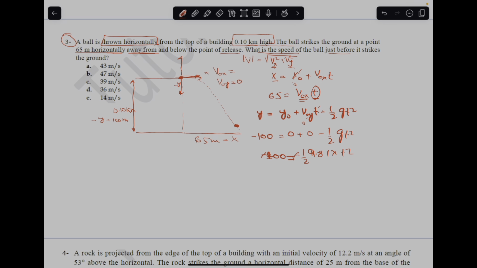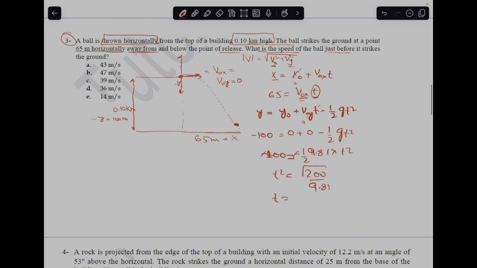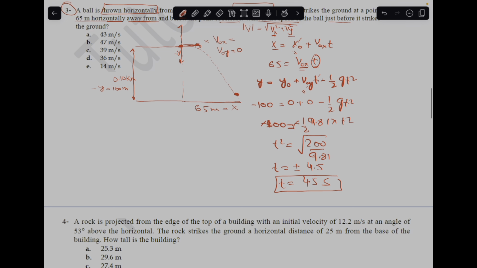The minus signs cancel out, so t squared equals 200 divided by 9.81. Taking the square root, t is plus or minus 4.5, and we take the positive time, 4.5 seconds, because time goes forward.